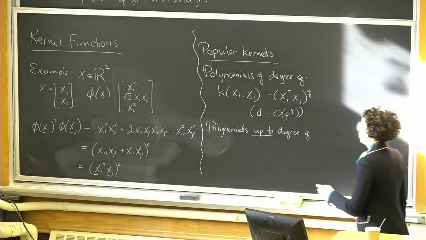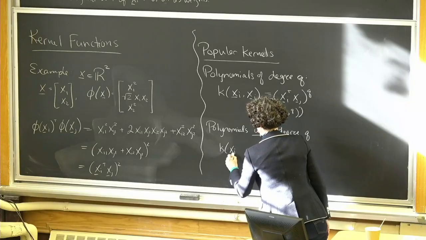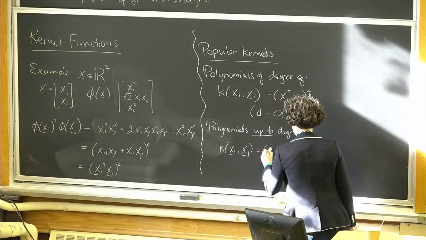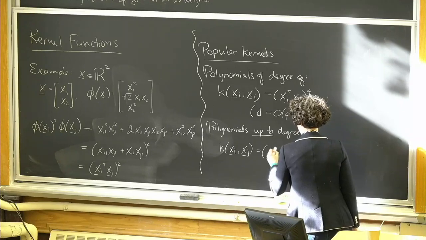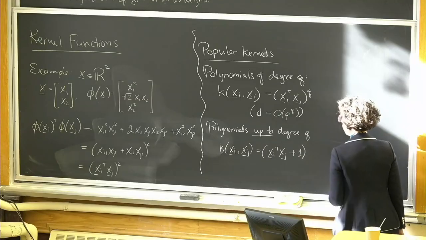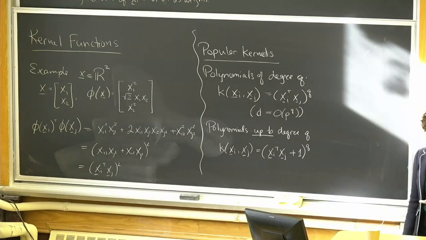And so we can alternatively let this kernel function between two vectors xi and xj correspond to taking that inner product xi transpose xj, but before taking it to the qth power, just adding a 1 to it and taking that to the qth power. So a very simple change to the kernel function.